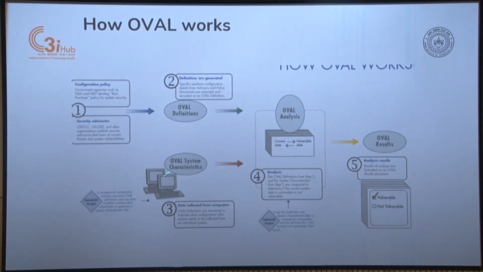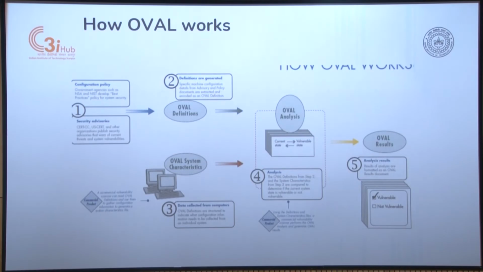In parallel, SCAP will also collect associated variable values. For example, what is the current version of Windows you are running, what is the current version of, let us say, Chrome, or what is your particular library version, like your JavaScript version, your PHP version and so on. All this information is collected from the computer.